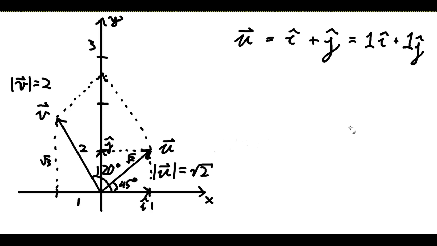Each of them is commutative, each of them is associative, the two together have a distributive law. The 0 vector is an additive identity, any vector plus 0 is itself. The scalar 1 is a multiplicative identity, any vector times 1 is itself. So that means we can write 1 times i, and that's just i. 1 times j is just j. So these are the same thing here.